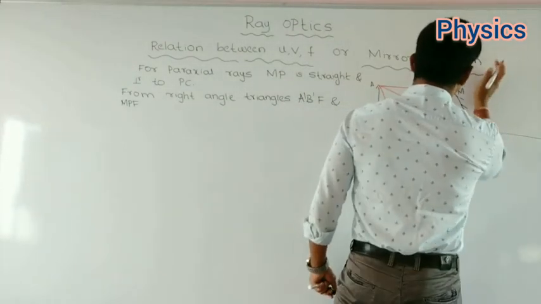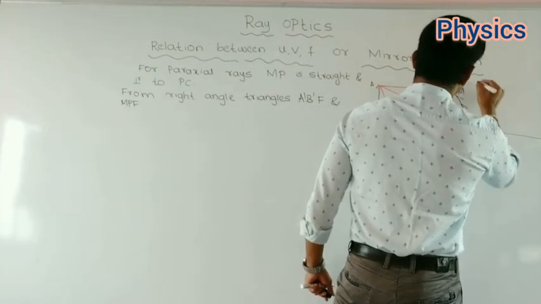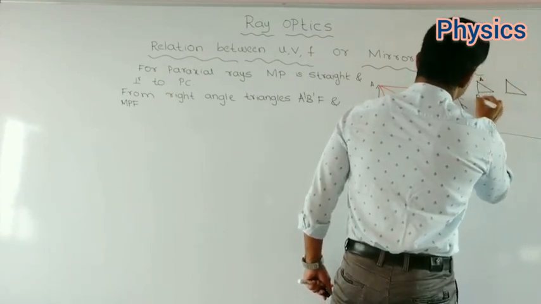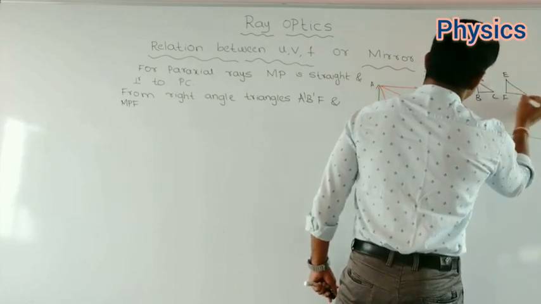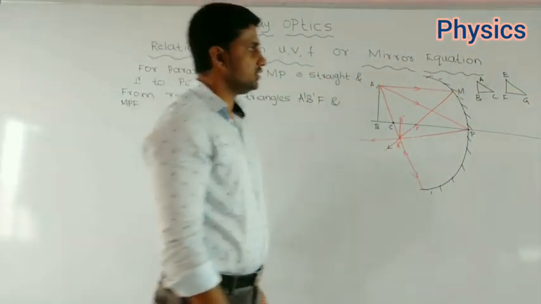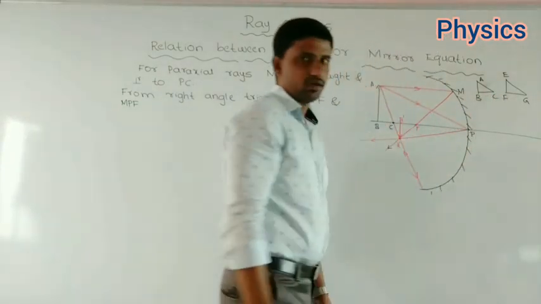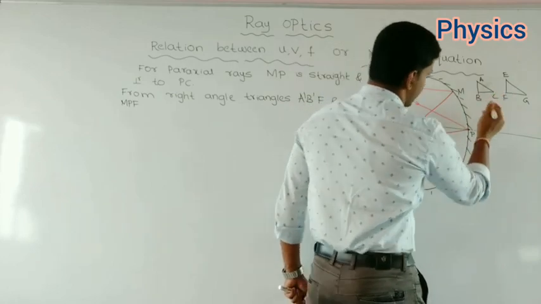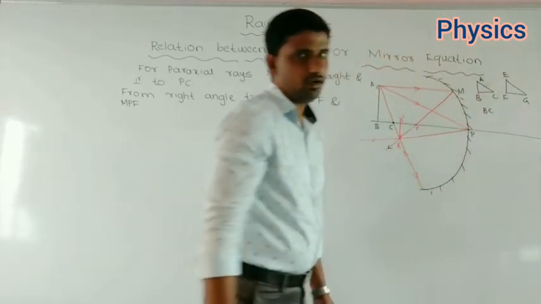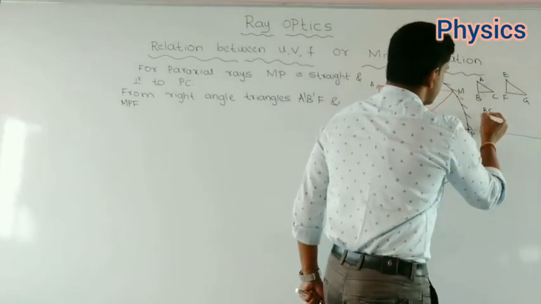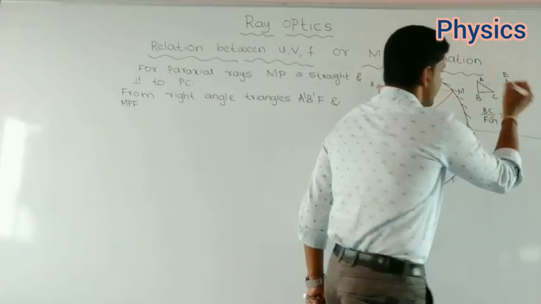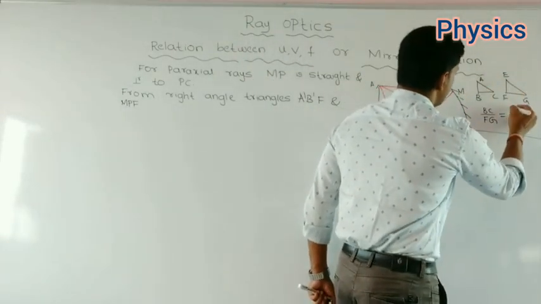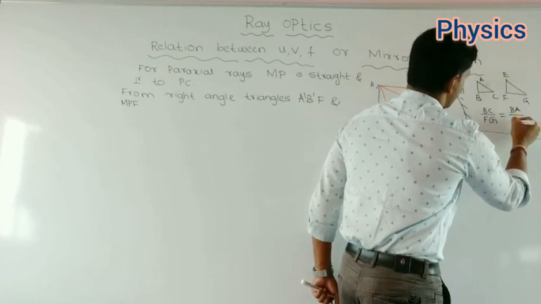See, if I take two right angle triangles like this, the first one I am taking as ABC, another one is EFG. If these two triangles are similar, then I can write the ratio of the base of one triangle, that is BC in the first triangle, to the base of the second triangle, FG, is always equal to the ratio of the side of the first triangle BA to the side of the other triangle FE.